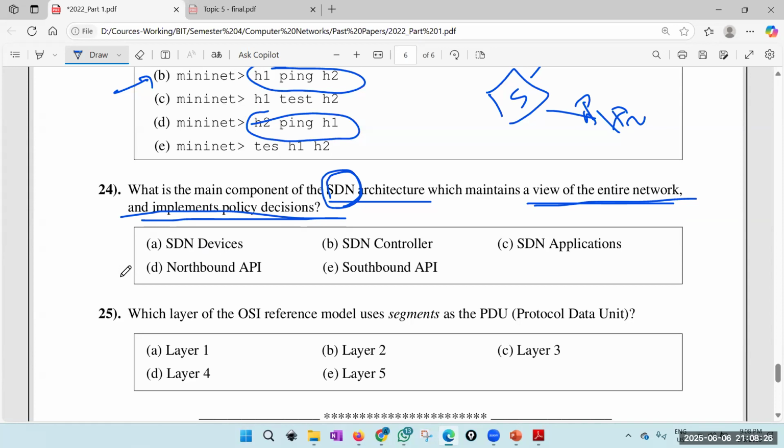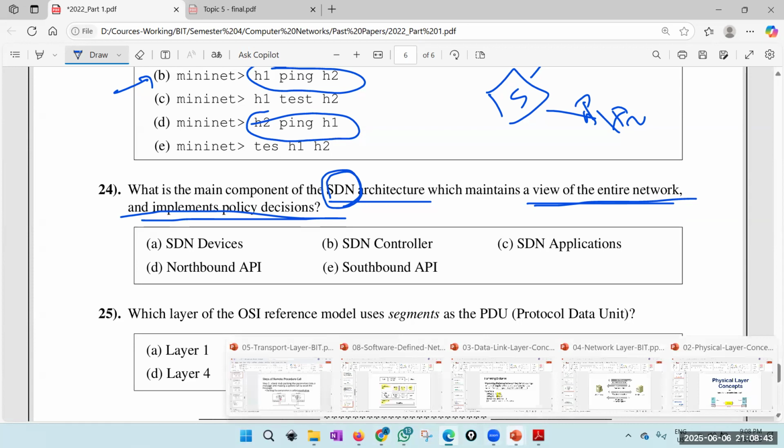Entire network and policy decisions. Usually those things are done by, okay, I can't remember. Is it the northbound API? That is software, right? View of the entire network. Okay, I can't remember. Let's double check the notes.